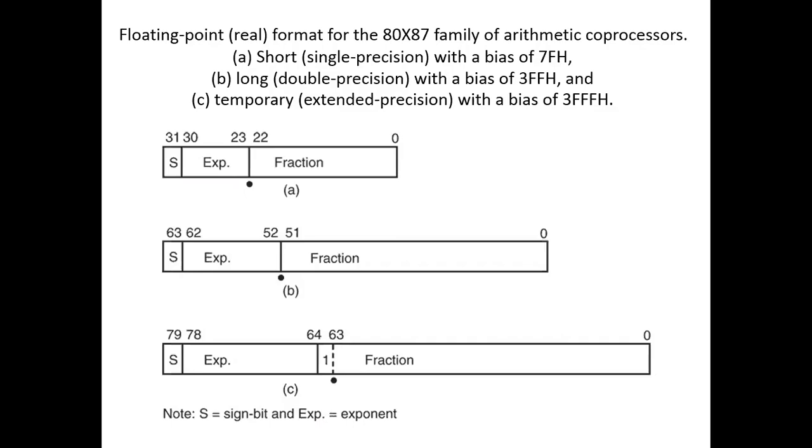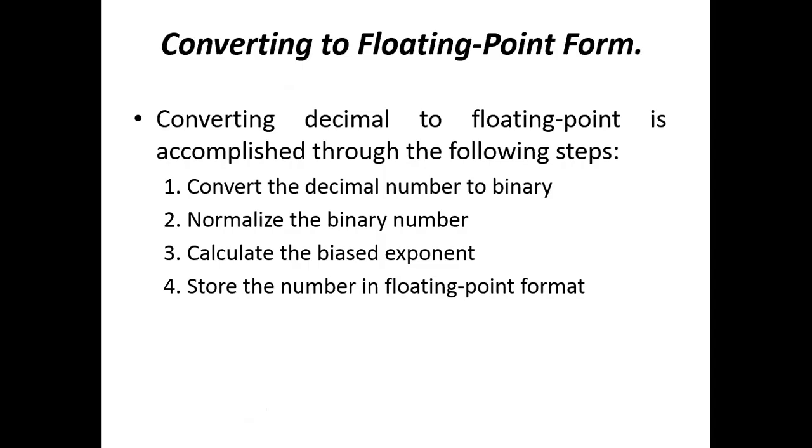Converting from a decimal number to a floating point number can be accomplished by the following four steps: converting the decimal number to binary, normalizing the binary number, calculating the biased exponent, and storing the number in the floating point format.